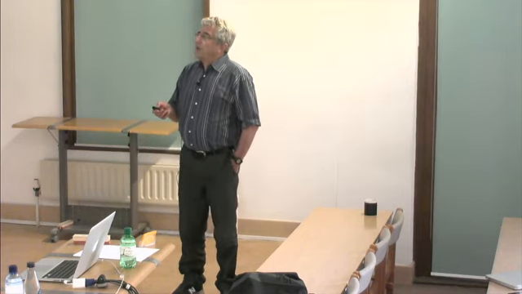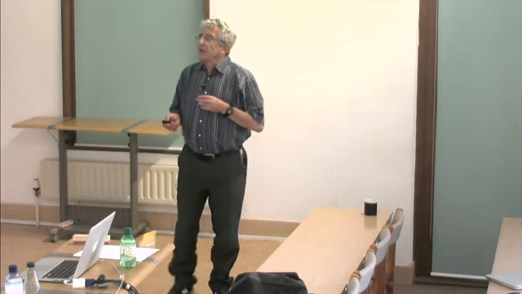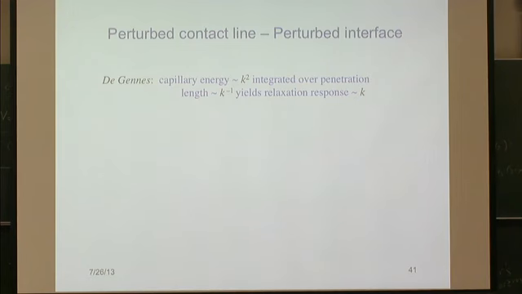So this is such a simple, intuitive approach of de Gennes: if we perturb the interface, the perturbation energy will be proportional to the wave number k, and then this perturbation will propagate inside the droplet to a distance of the order 1 over k.